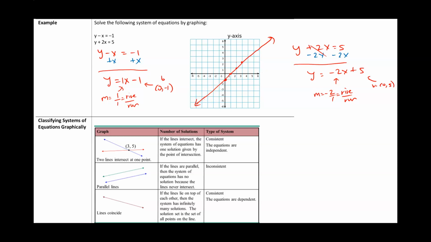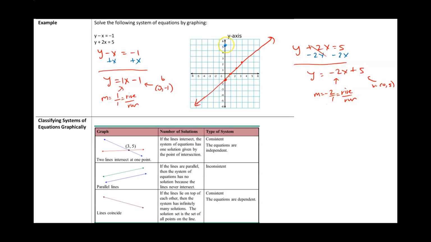The second one, our y-intercept is (0, 5), so I'll use a different color. You have 1, 2, 3, 4, and 5. This is (0, 5). And then from here, my slope is negative 2 over 1.